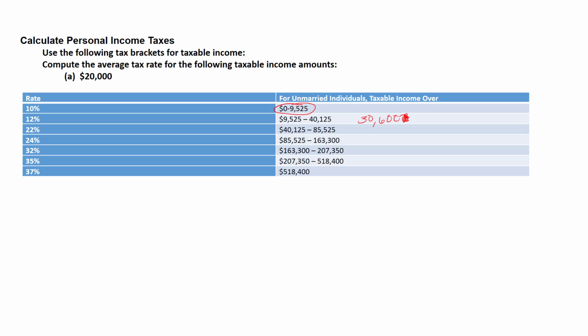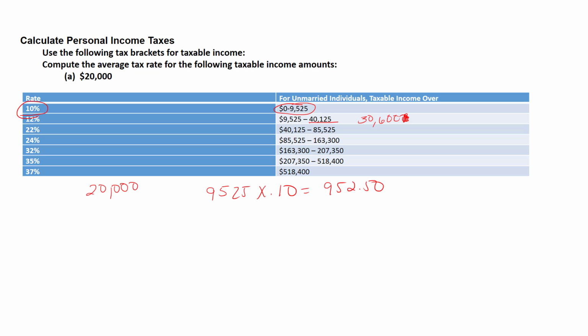So for $20,000, we're going to go through the brackets and look at the first bracket. Did we make more than $9,525? And the answer is yes. So we take the $9,525 times, and that first bracket is 10%, 0.10, and that's $952 in that bracket. Now look at the next bracket. Did we make more than $40,125? No, we did not.